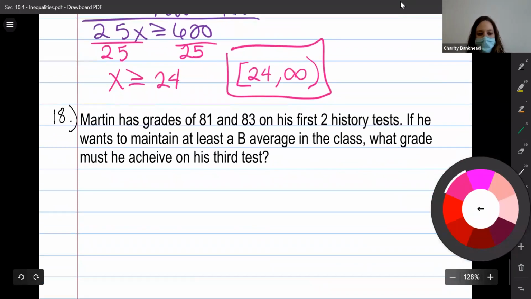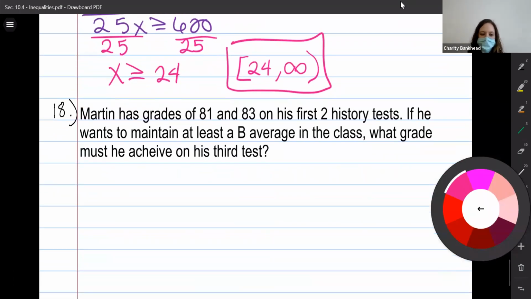All right. Number 18 says Martin has grades of 81 and 83 on his first 2 history tests. If he wants to maintain at least a B average in the class, what grade must he achieve on his 3rd test?